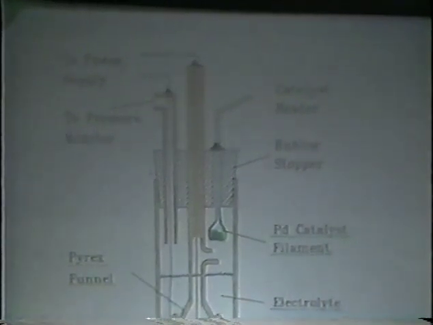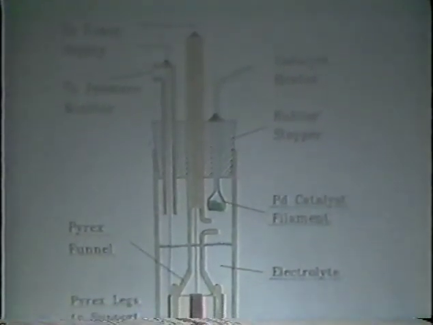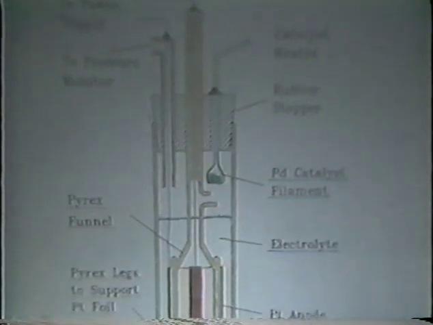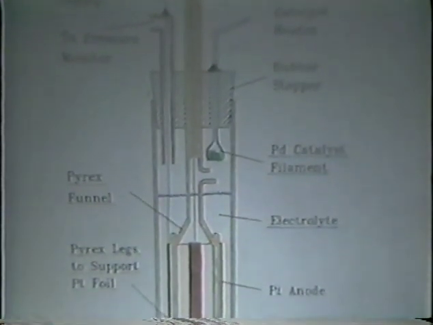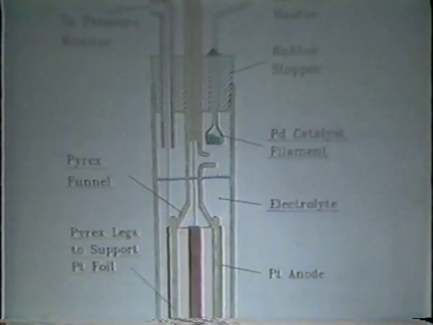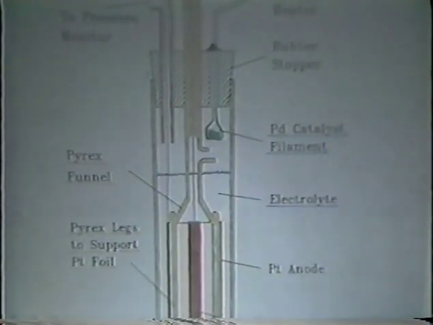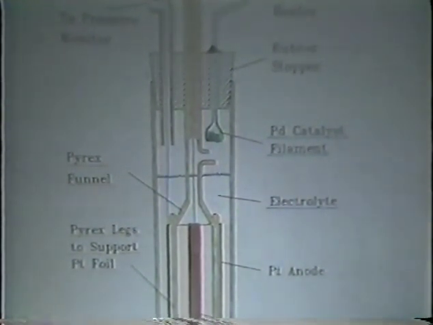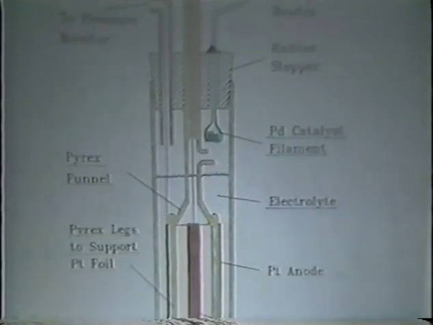The O2 is filling the space. The gases meet in this region and recombine, and we initially see this as a flickering in the intensity of the light. At that point, we turn down the filament current and turn it right off, and we can sustain this reaction for indefinite periods of time. We feel that we have essentially 100% efficiency in recombining the gases.